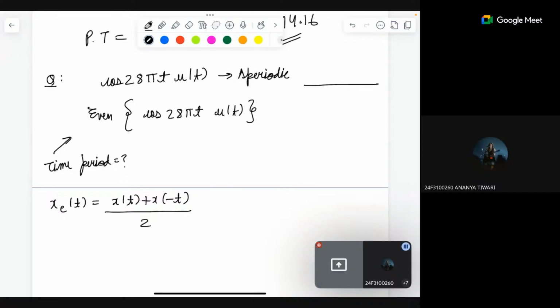It will be minus infinity to infinity, and the magnitude would be 0.5 and time period 1 by 40. Your final answer is correct, but a few of the things need to be clarified. I will clarify that.